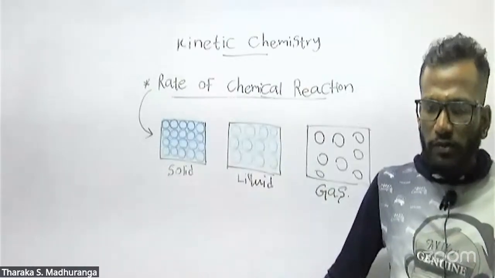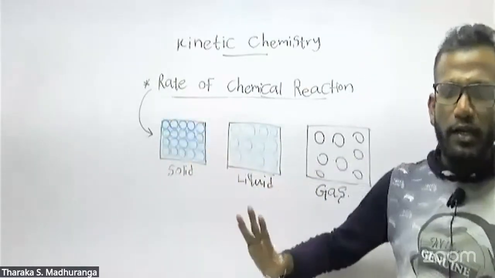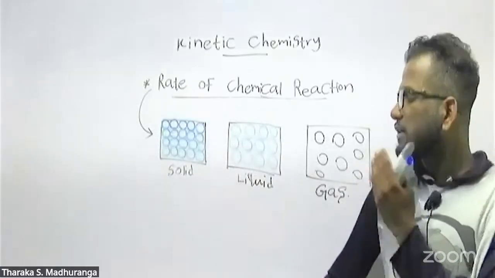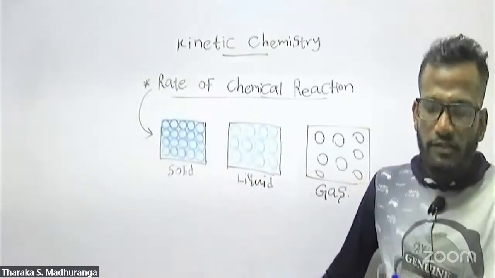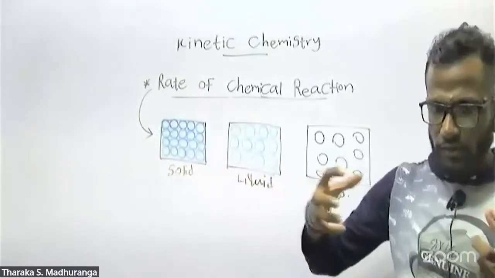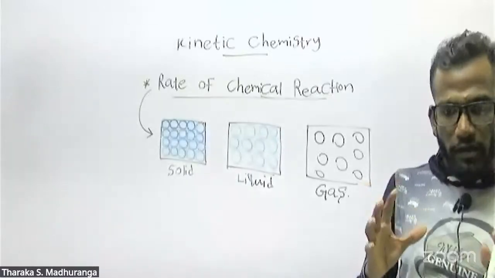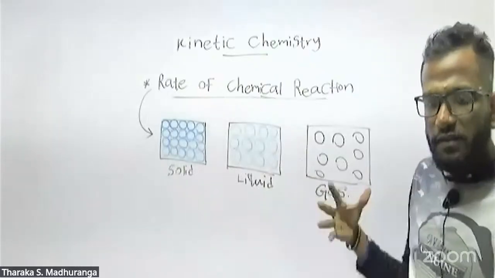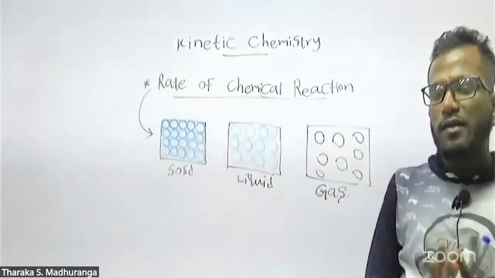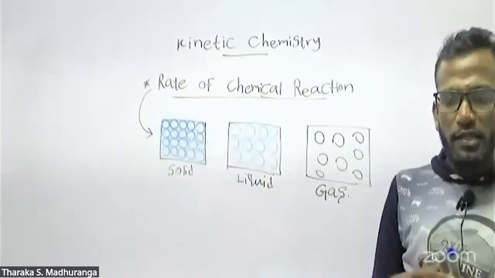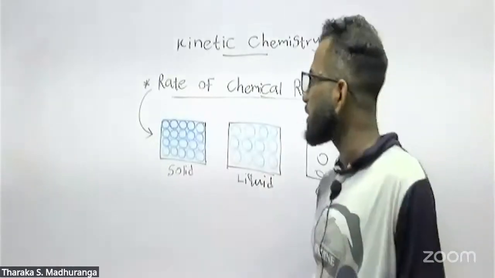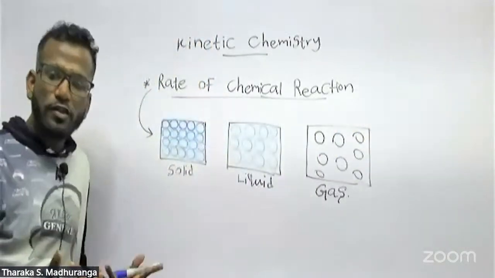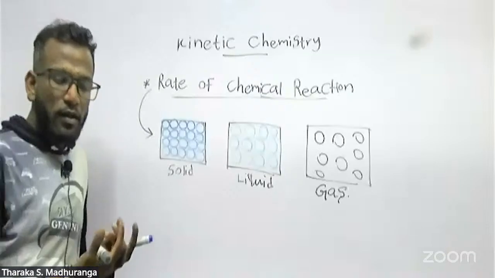Likewise, everything in our world is made of molecules. It depends on the physical state. If it is solid, there are very strong bonds and very low intermolecular space. Liquid is in between. For gas, the intermolecular space is very high and the intermolecular bonds are very weak.